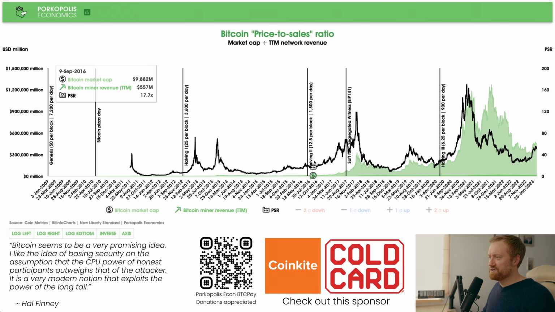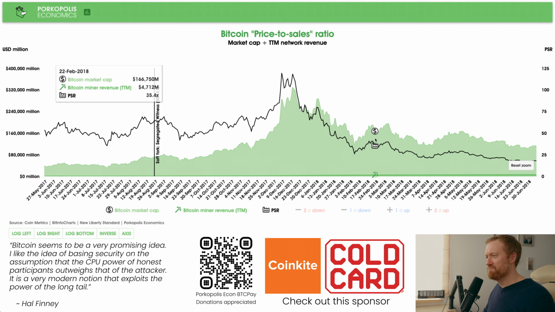Then we see the ratio start to build up again. After the second halving, we get the activation of SegWit here in the summer of 2017. We actually have 3 little tops in this metric up to the actual final blow-off top of 2017, where the market cap at its peak on a day close basis, December 16th, was roughly $330 billion.